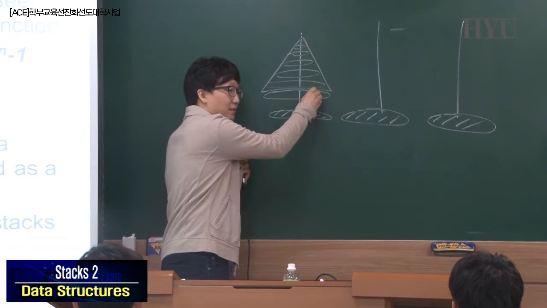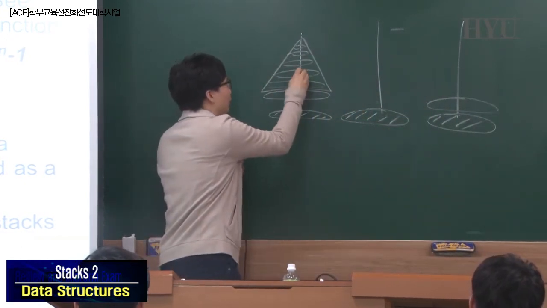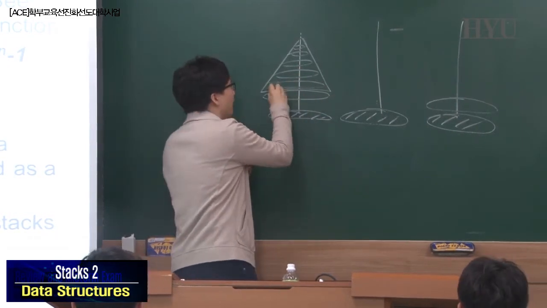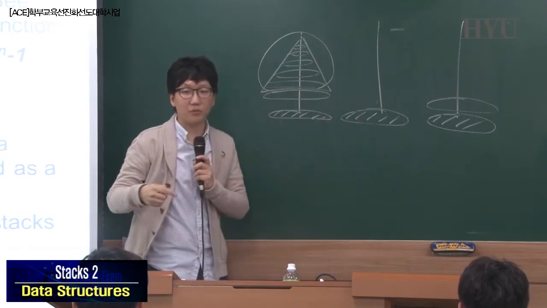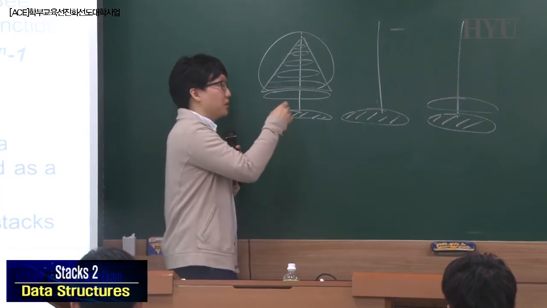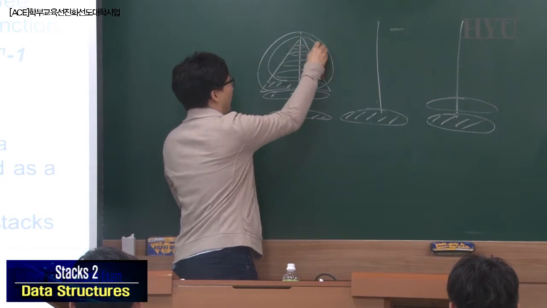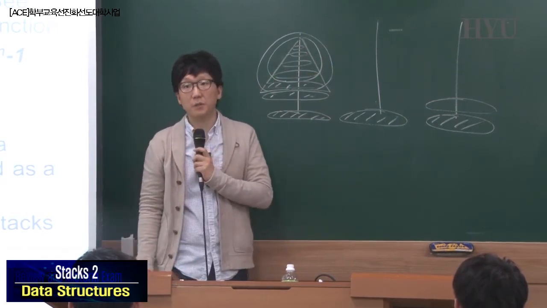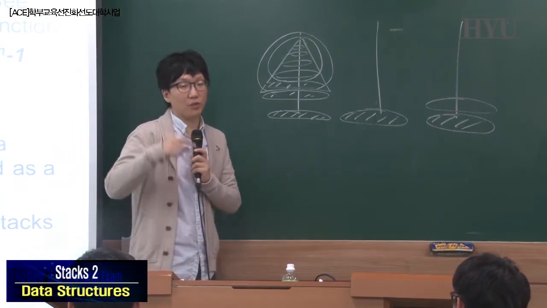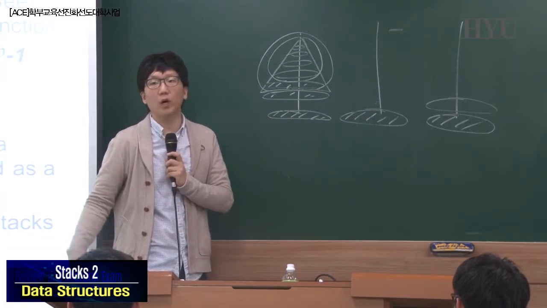In order to move this to here, in order to move that, I need to do the same step again for every one. So I give this as a smaller problem to towers of Hanoi. I break it down into smaller problems. After I do this, I take care of this smaller set. I call the towers of Hanoi function one more time for smaller data sets. So inside the function, you call it again with the smaller data set. You reduce one by one.